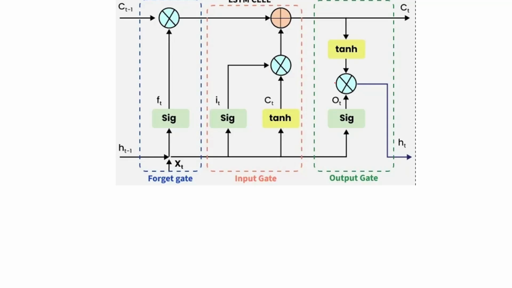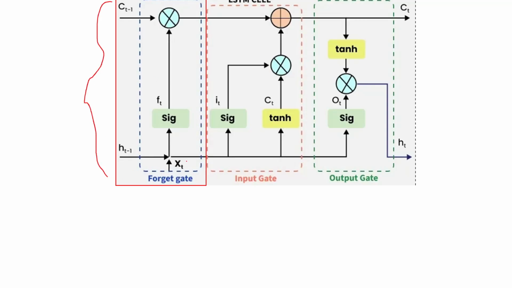Okay, so let's start by looking at this forget gate. The objective of this gate is to decide how much of the long-term memory we will memorize. So how do we do that? We said that we have the previous long and short-term memory or values.